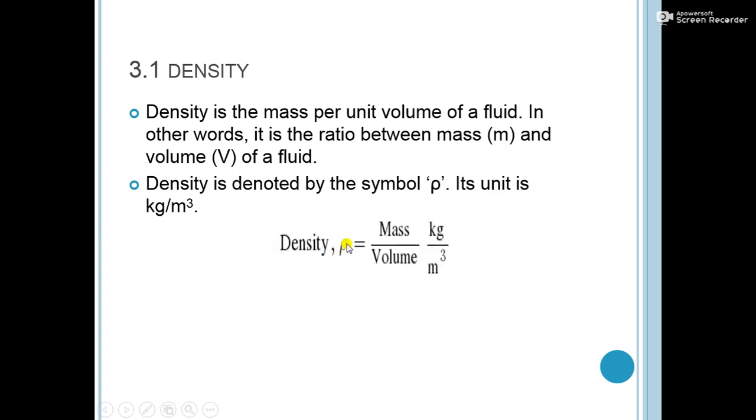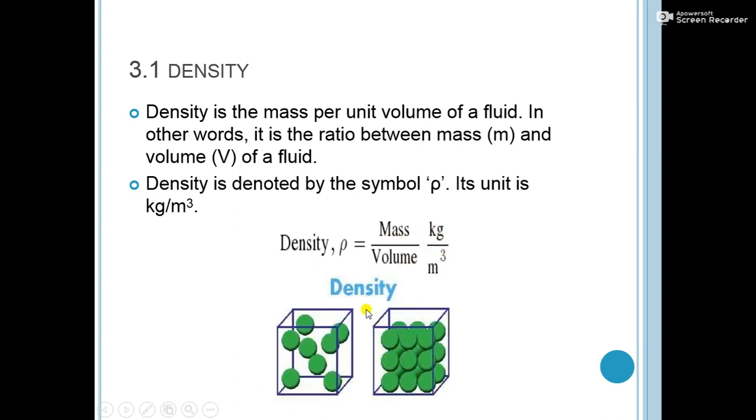Mathematically, rho is equal to mass divided by volume; for mass we have unit kg and for volume we have unit meter cube, so it is kg per meter cube. The figure shows the density difference between two different substances. One is highly dense and the other is less dense.